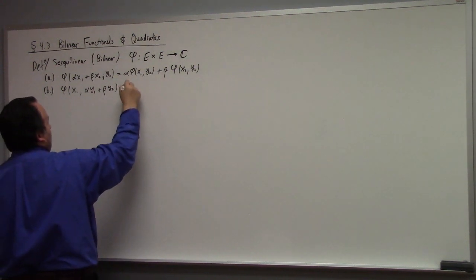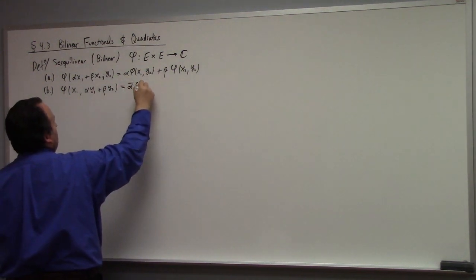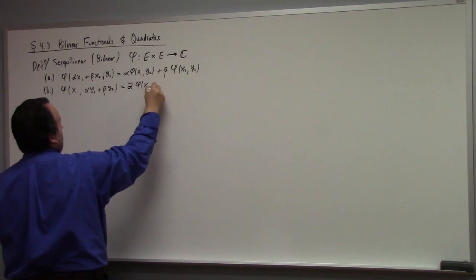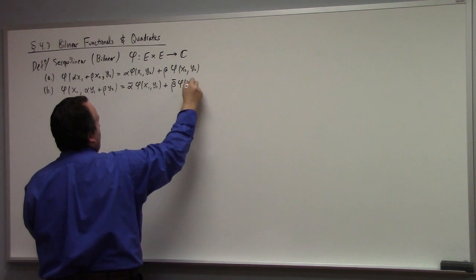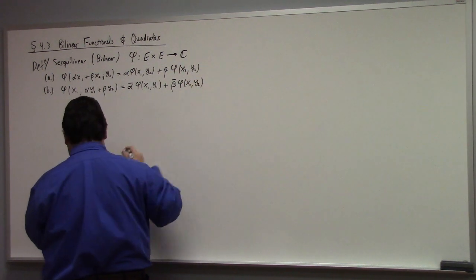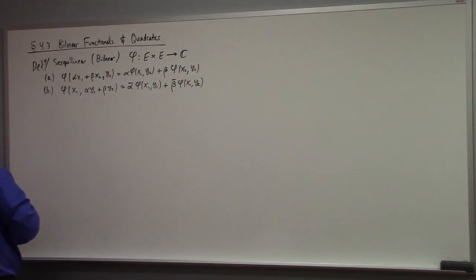So you pull out the alpha bar, beta bar. All right. And this is for any scalars, alpha and beta, and for any vectors in E, all right?